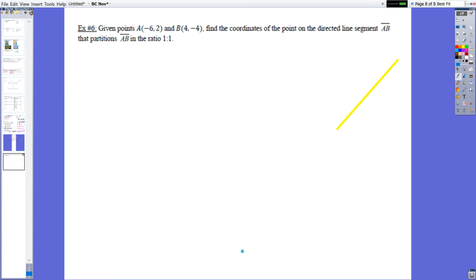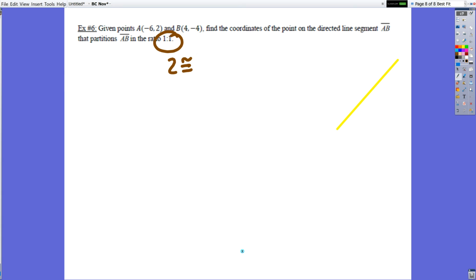Now, can you still do partitions? Absolutely. What we did today. Divide by 2, multiply by 1, add it on at the end. But again, 1 to 1 is just, hey, you want to divide it into 2 congruent parts, you find the midpoint.